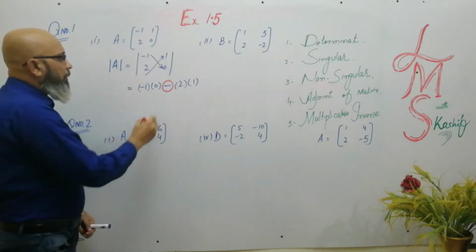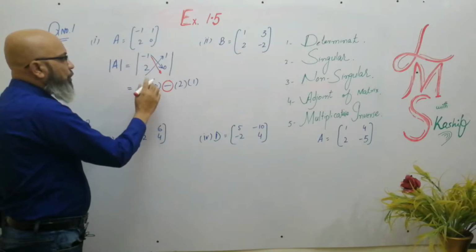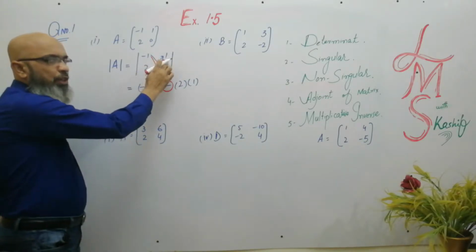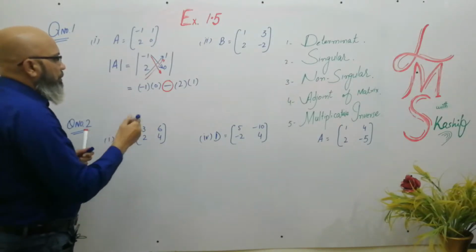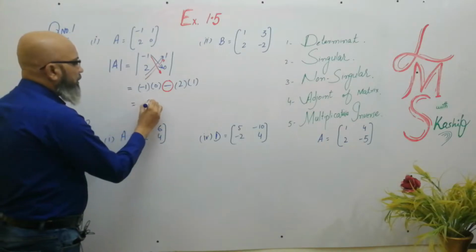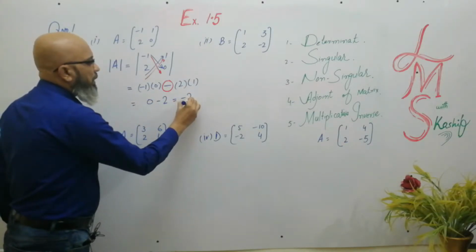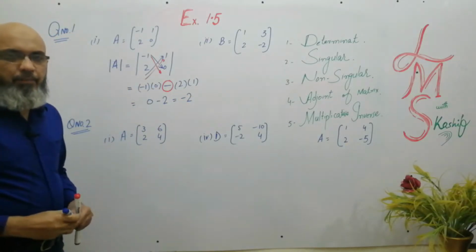Once again, we will first multiply this diagonal -1 into 0, and secondly we will multiply this diagonal 2 into 1. Now you can solve easily. -1 zeros are 0, -2 ones are -2, that is equal to -2. That is the value of its determinant.